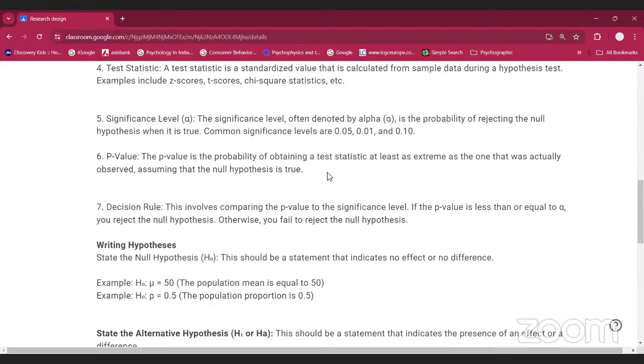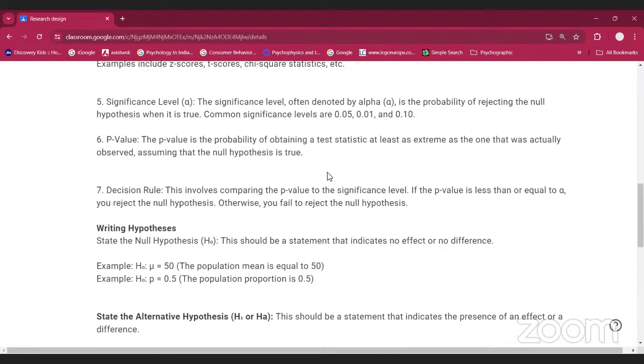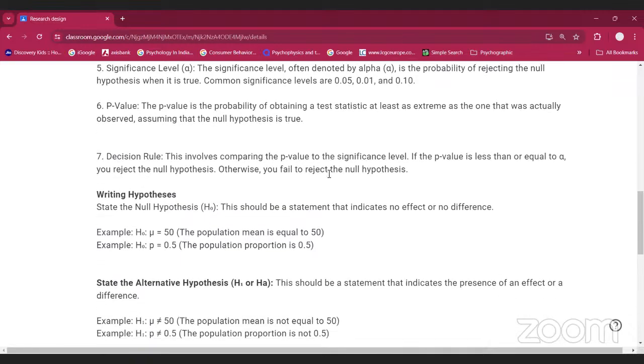Now is the writing hypothesis. State the null hypothesis, H naught. This should be a statement that indicates no effect or no difference.